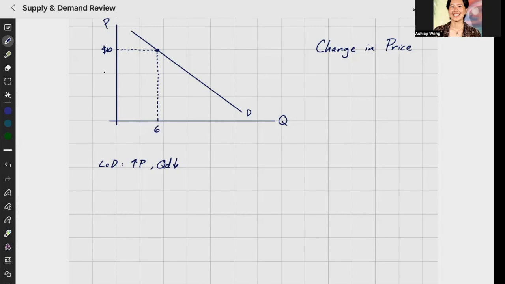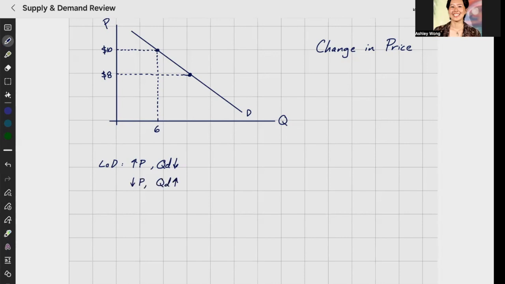Now, we want to know what happens when the price drops to $8. So from the law of demand, we know that when the price goes up, the quantity demanded goes down. And so we can also reverse this relationship. So when the price goes down, the quantity demanded should go up.